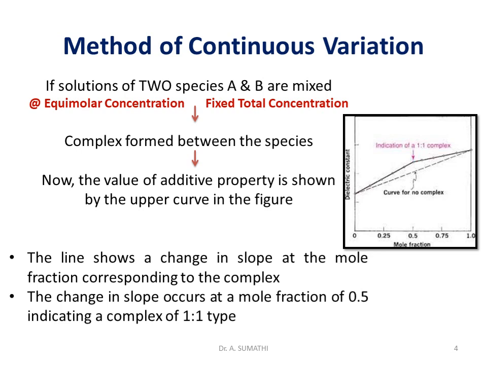Clear? So here we discussed the solutions of two species mixed at equimolar concentration and fixed total concentration, and we can notice the 1:1 type complex formation using the graph.